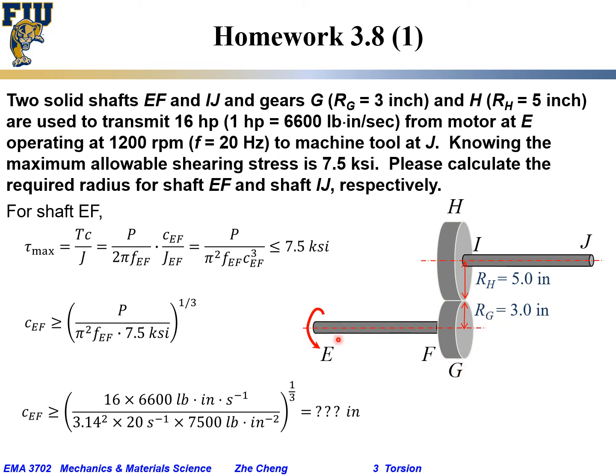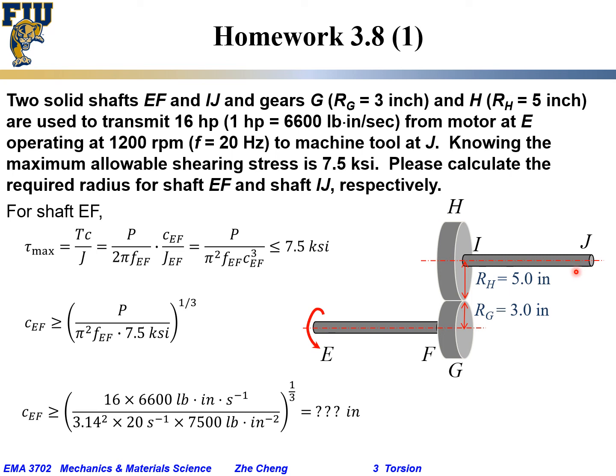The gear set is used to transmit 16 horsepower from a motor at E, rotating at 1200 RPM or 20 Hertz, and this power is transferred through the gears and shafts to machine 2 at J at the other side.